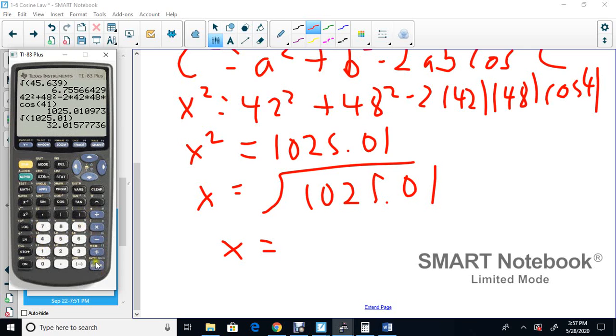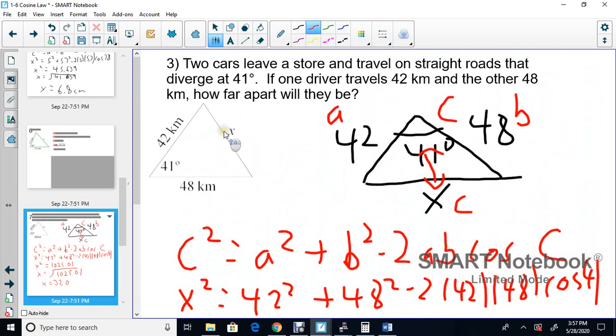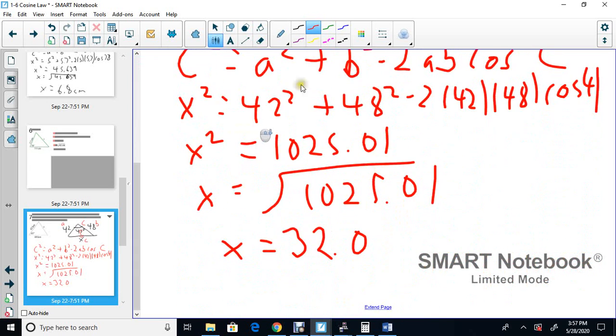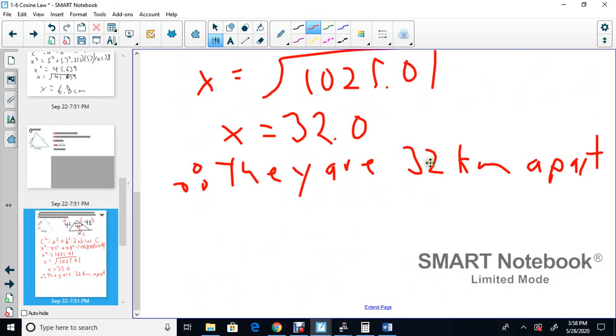Close the bracket, and we get 32.0, so 32 kilometers. You put a therefore statement. Therefore, they are 32 kilometers apart.